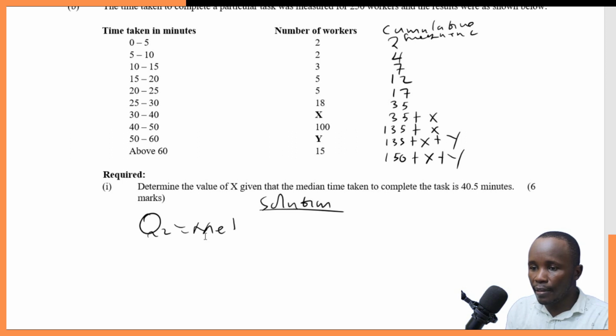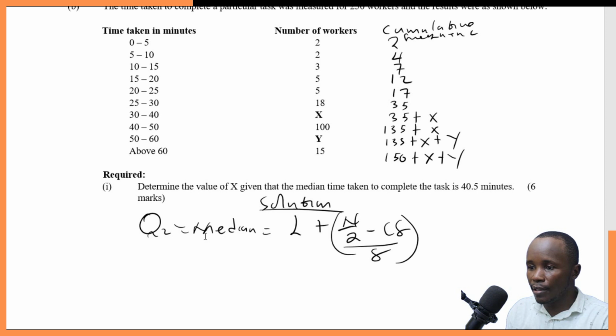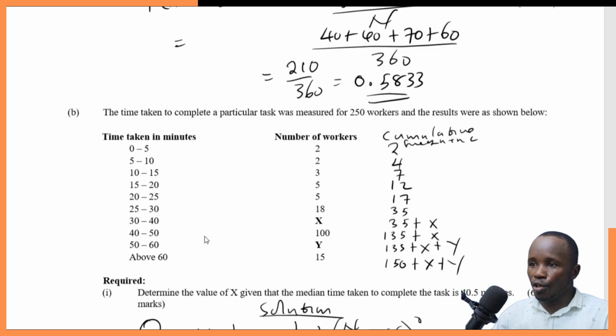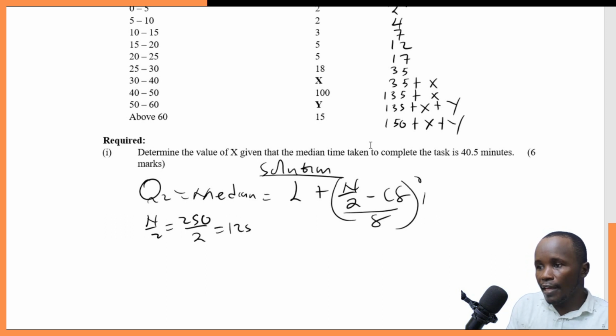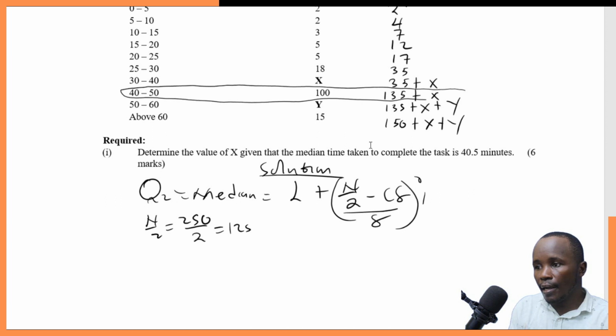It's obtained as L plus N over 2 minus CF divided by F times I. We have been told that the total here is 250, so N over 2 is 250 divided by 2, which is 125. And this is where our median class is.